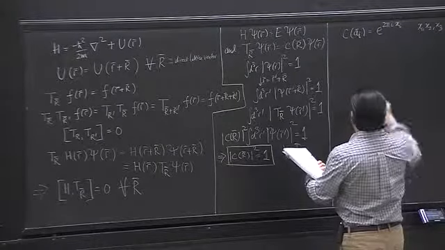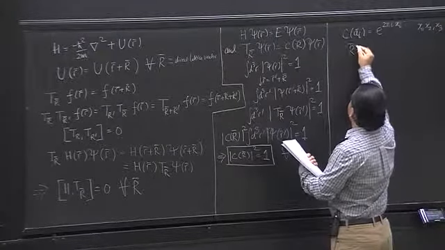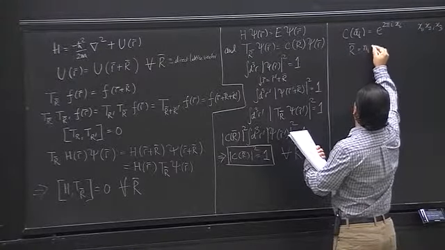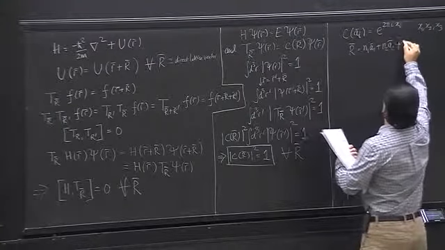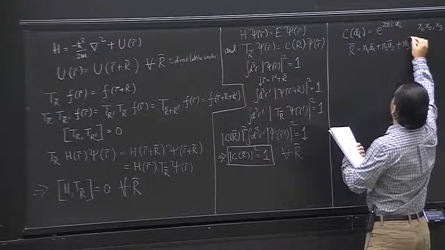Now, for an arbitrary direct lattice vector R, you have n1 a1 plus n2 a2 plus n3 a3.